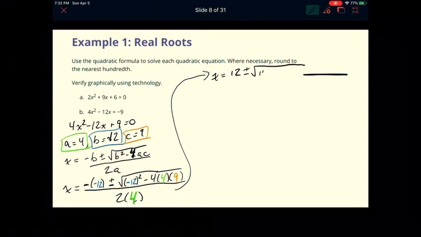We should know our squares. 144 minus 4 times 4 times 9 is, again, for the magic of calculators, I don't know how to do that one in my head, but 12 squared we should know in our heads. All over, and obviously that was an easy one, 8. So now we end up with 12 plus or minus the square root of 0 all over 8.